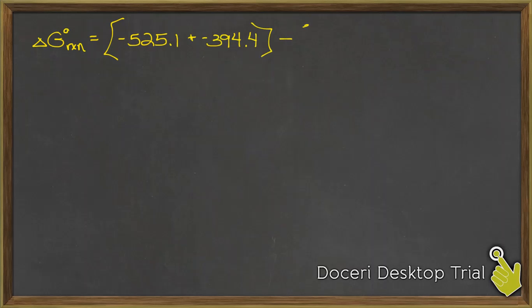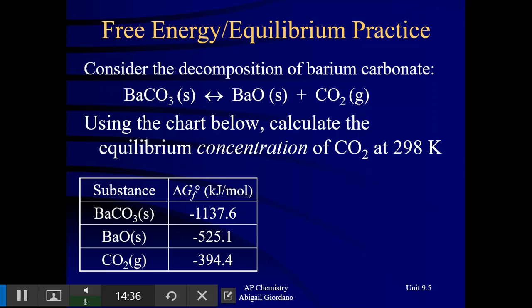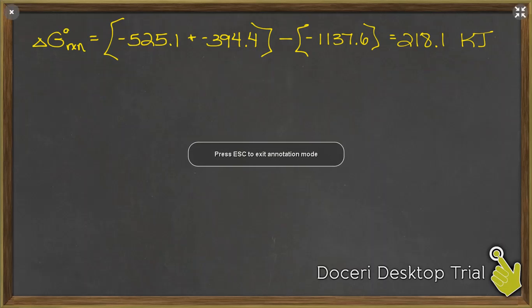Products minus. Here's the Gibbs free energy formation value for my reactant. And I'm going to plug all that in, and this is what I get. And if you look at the units, guys, the table has those formation values in kilojoules per mole. That's going to be important in just a second.